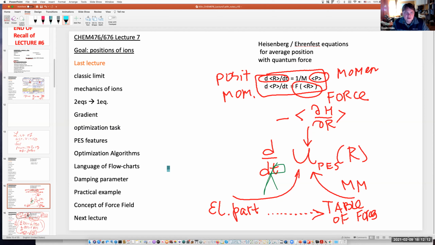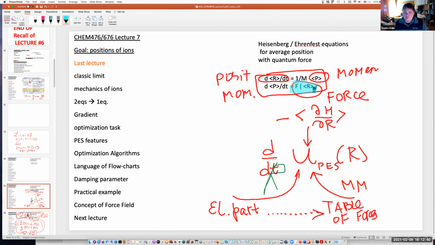In order to practice this procedure of predicting position as a function of time, we do need forces. Right? And the forces. Professor, P is momentum and R is position, right? Yes, correct.